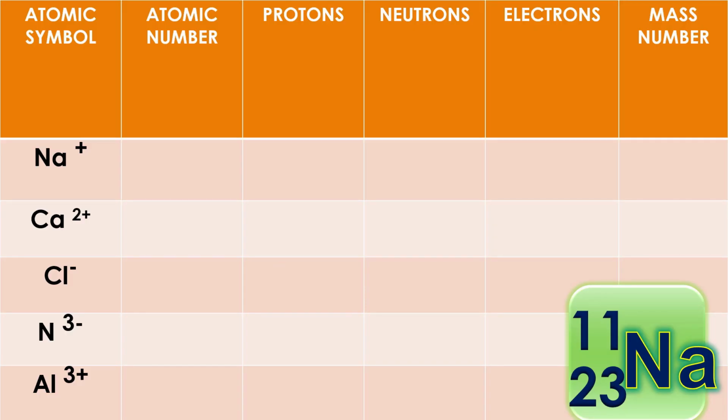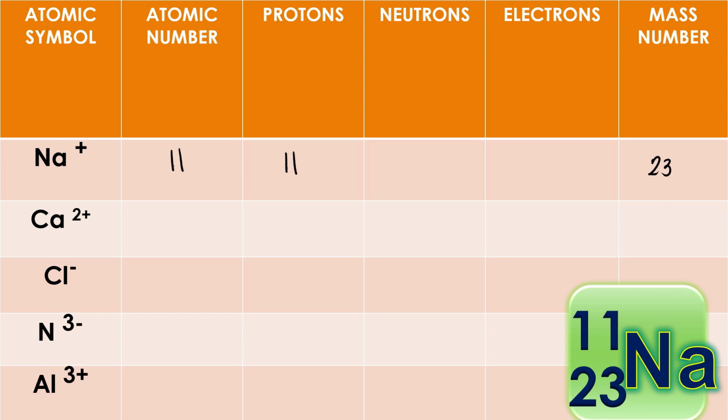Let's try to answer this example problem. In this example, we have sodium, whose atomic number is 11 and atomic mass is 23. Take note that the mass number is also the atomic mass or atomic weight of a particular element. To identify the number of protons, the number of protons is also the atomic number, so we can say that it is 11.